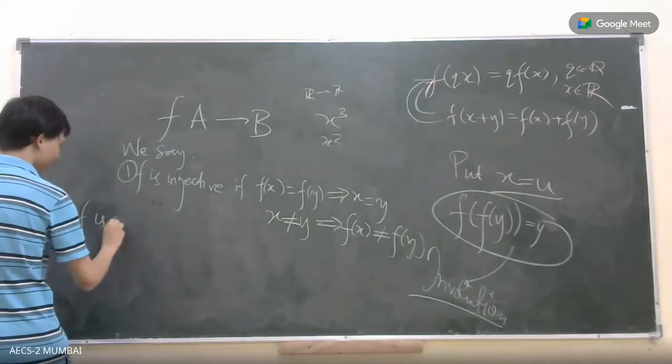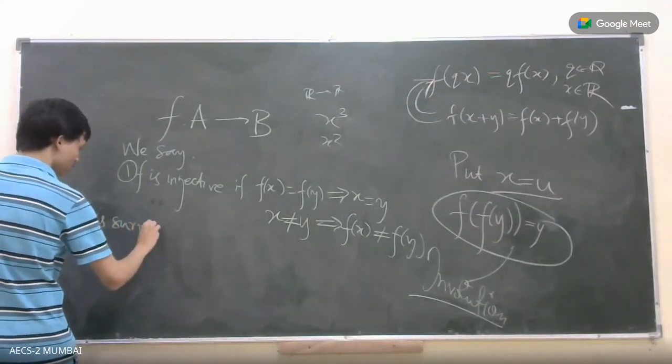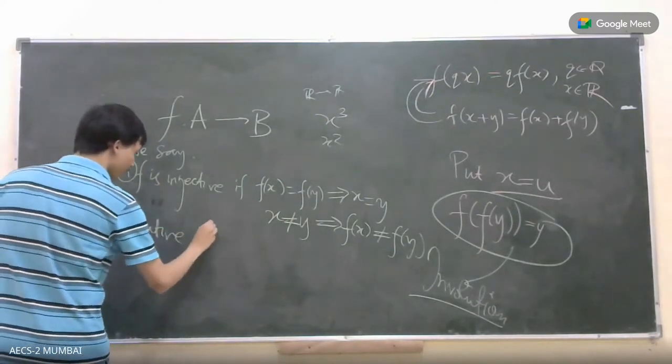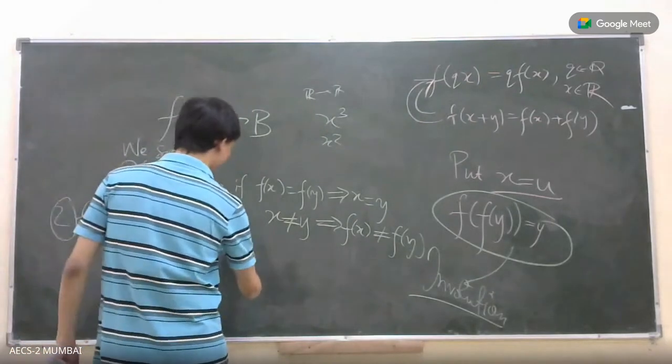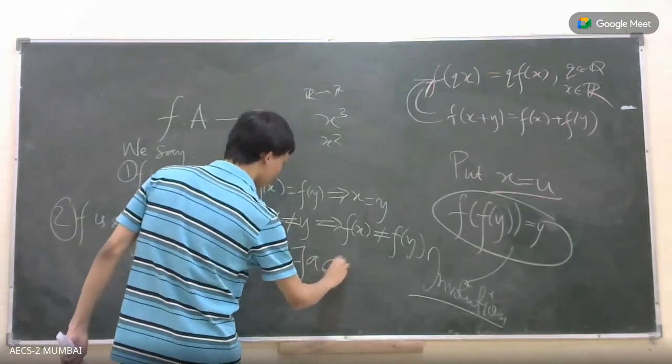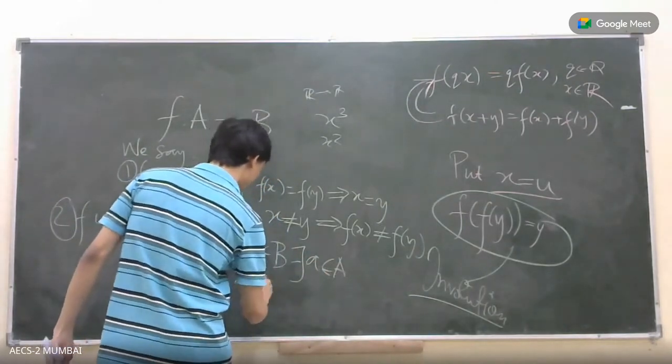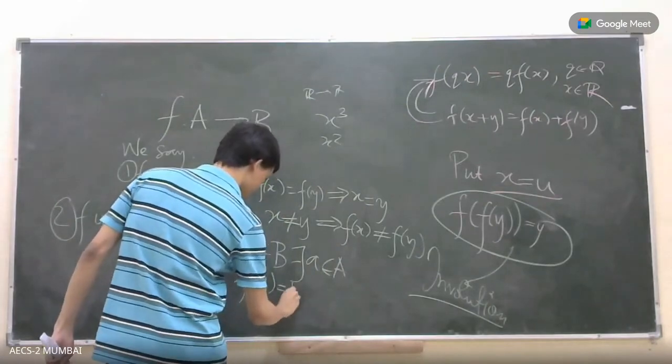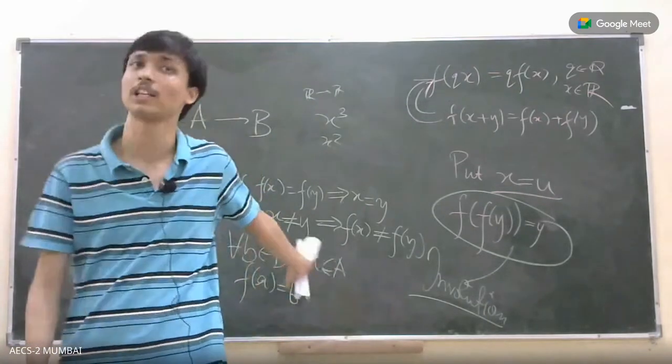f is surjective if for all b in B, there exists a in A such that f of a equals b. What does this mean?